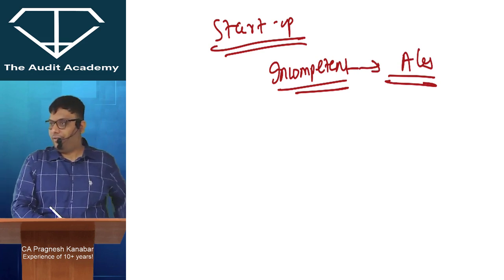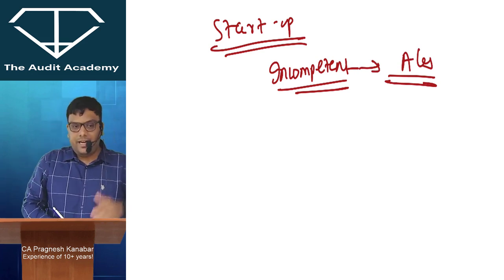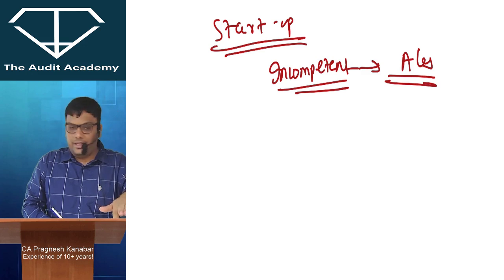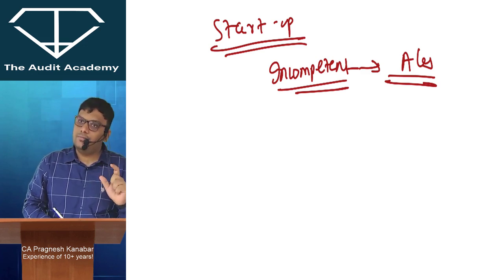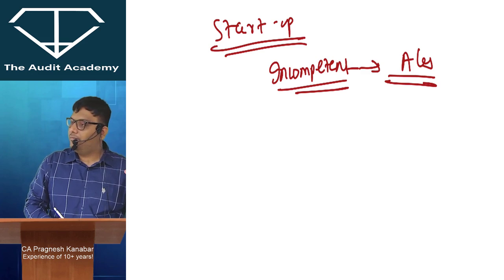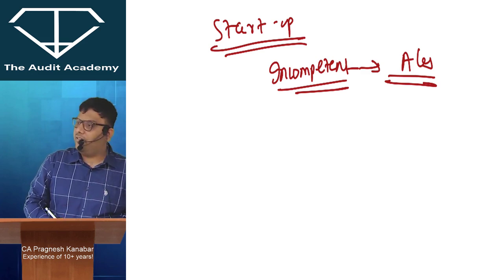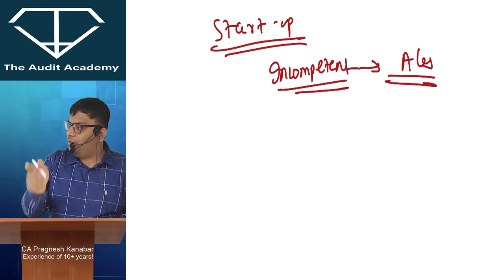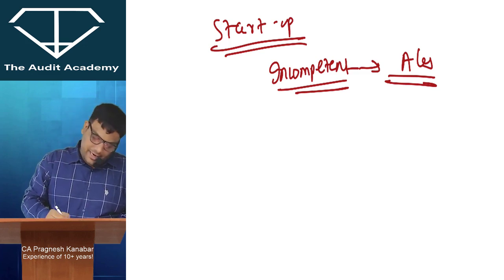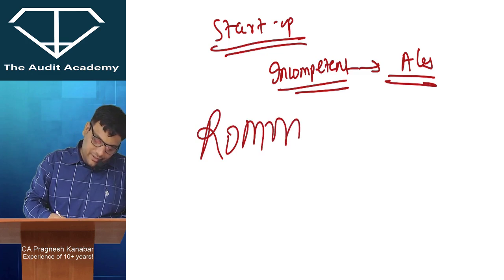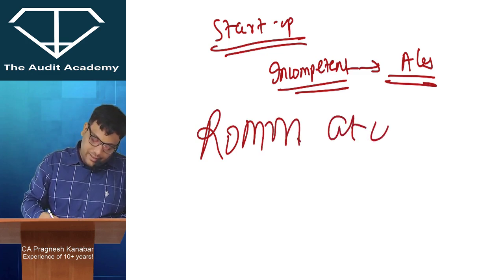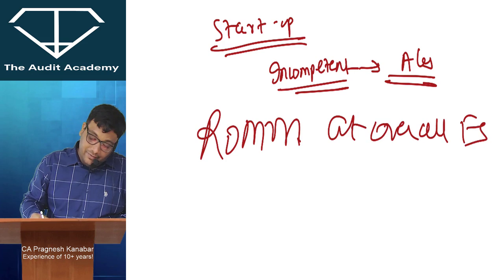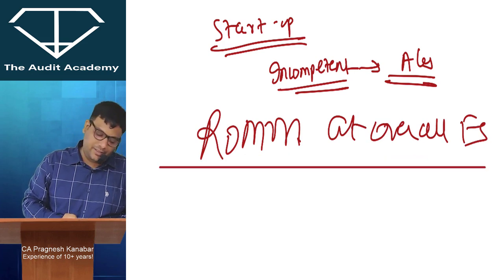Now you realize that the engineer says he has done a 2-month accounting course on upGrad, and he will prepare the financial statements. That means there is a risk of material misstatement not in just 1 or 2 items, but at overall financial statement level.